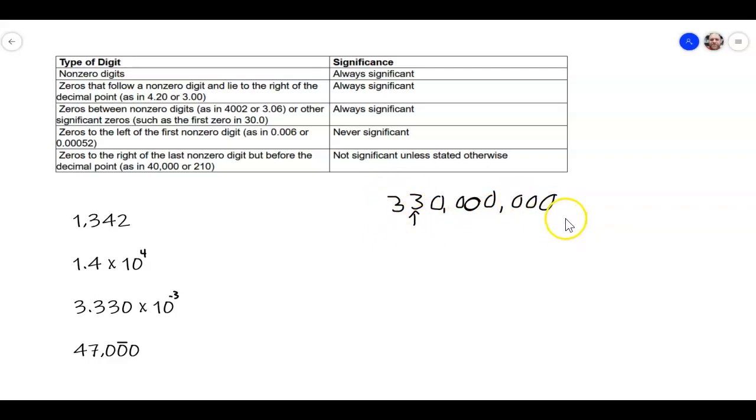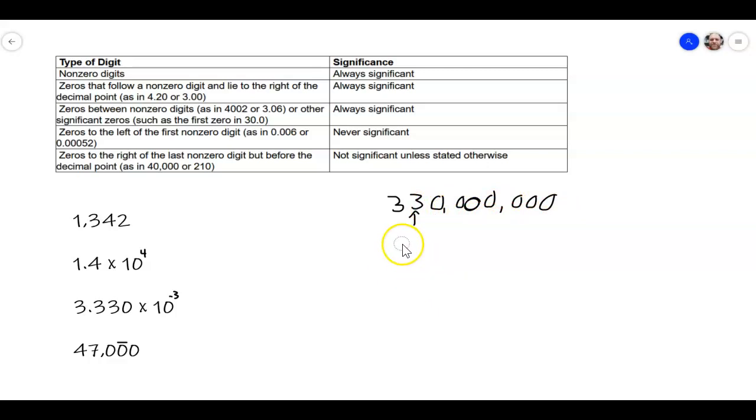Because we weren't using any of these digits in our estimation, so none of these were significant. That's what it means when the trailing zeros of a whole number aren't significant. Pretty much everything is significant except for zeros at the end of a whole number.